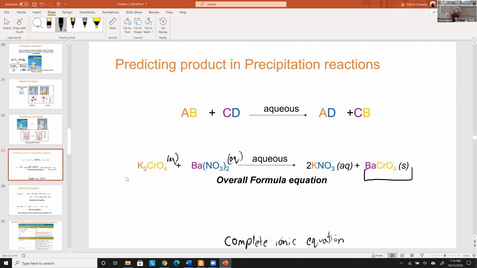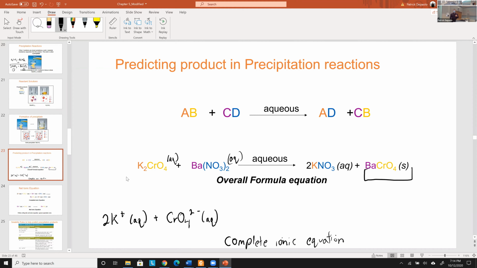And you won't see potassium chromate, I'll tell you that. What you will see is, for every 2 potassium ions that are separated, you'll see a chromate anion. So what I'm doing is splitting apart the ionic components that are aqueous.